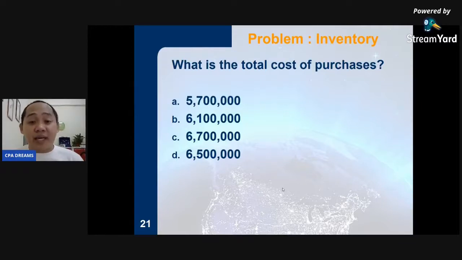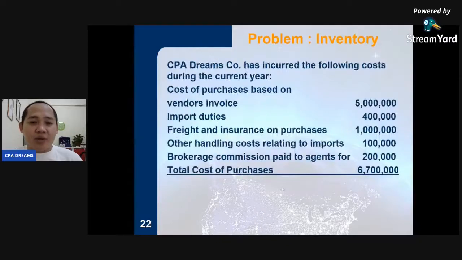So the answer is C, which is 6,700,000. Paano natin na-calculate? Cost of purchases based on vendor's invoice, 5 million. Yung trade discounts na 500,000, hindi kasama.